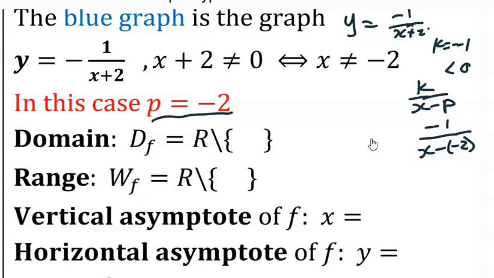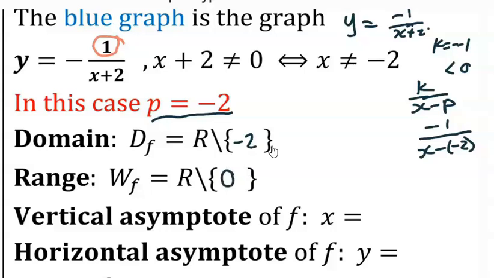So most definitely in my domain I cannot have an x value of minus 2. Again, because the numerator is unequal to 0, I cannot have a value of y equal to 0.